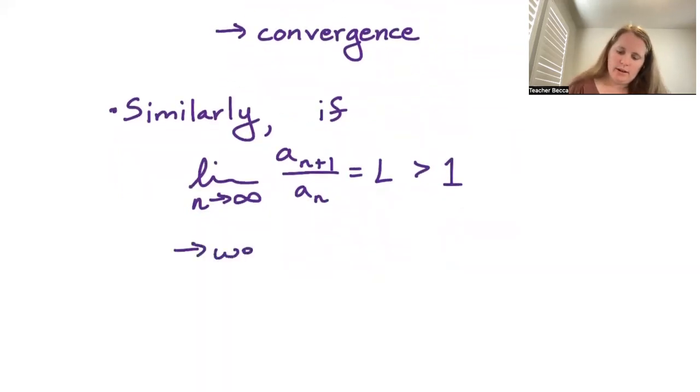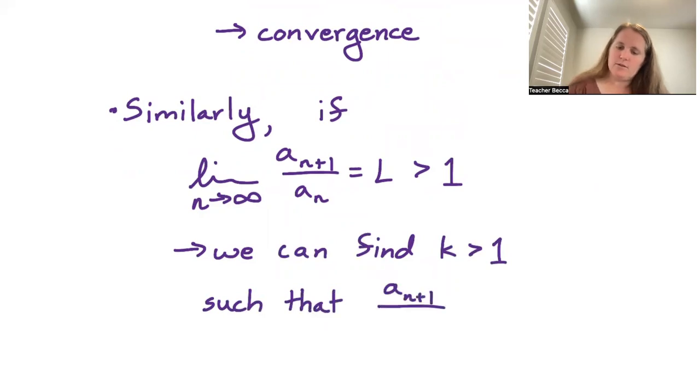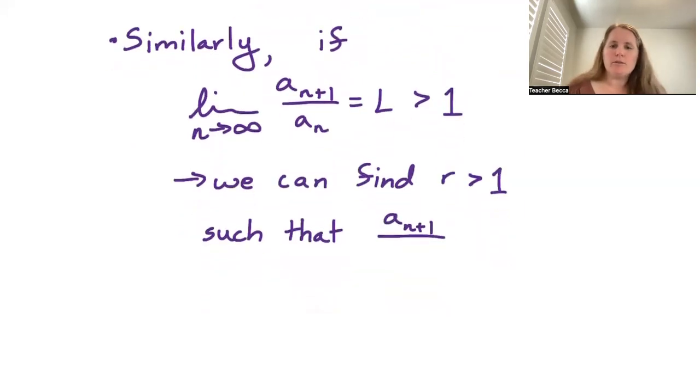Then we can find r greater than 1, such that a sub n plus 1 over a sub n is greater than or equal to r for large n.